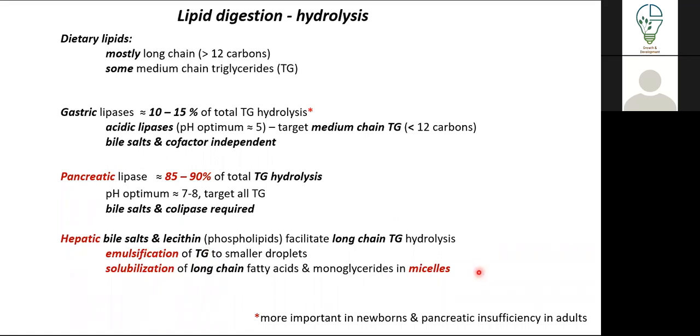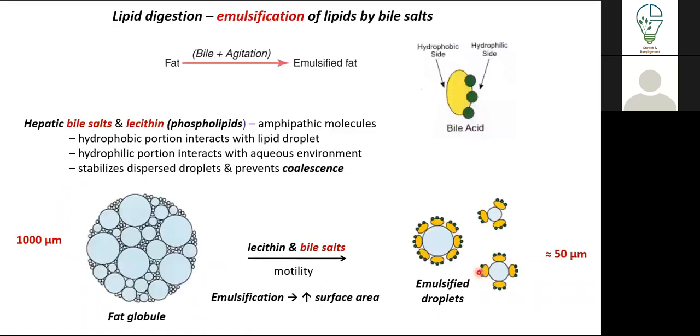Now we will talk about it in more detail. So we have here the process of emulsification. What is the process of emulsification exactly? Keep the idea in your mind that the lipase coming from the pancreas can only work on the surface.